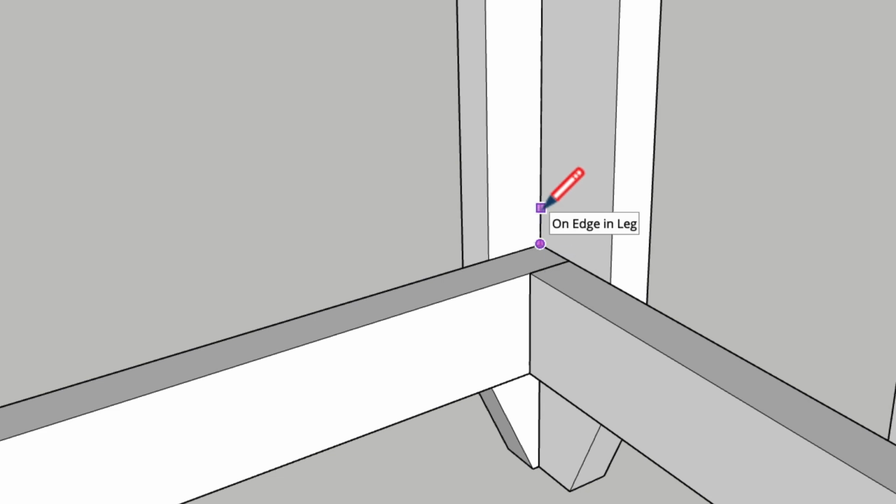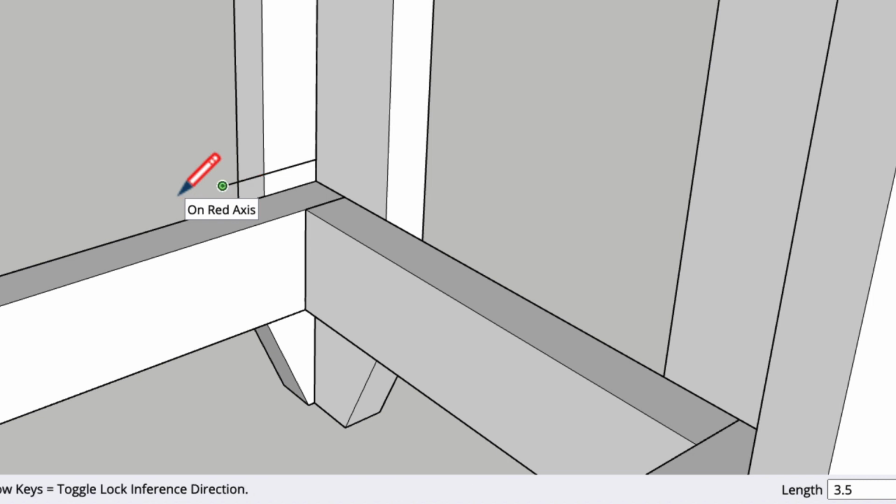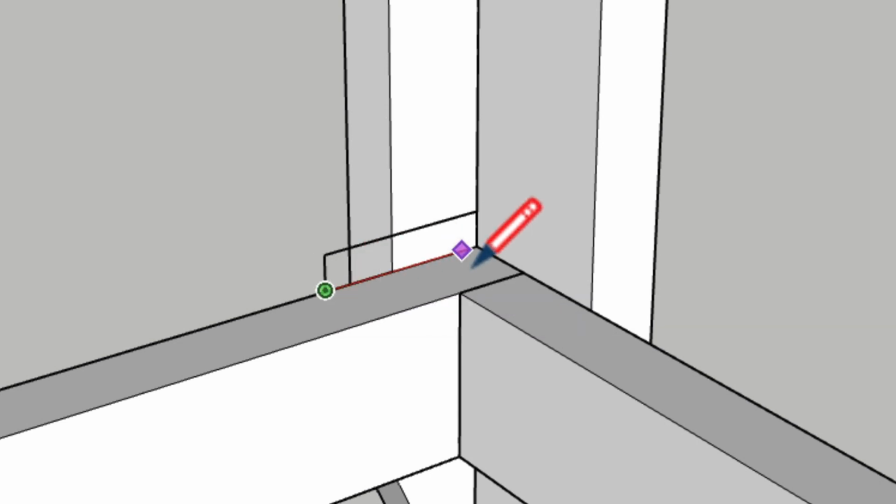This time it's going to be 0.75 of an inch, so 0.75, and press return. Move your cursor over to the left on the red axis and type 3.5 and hit return. Come down on the blue axis until it meets the edge and click, and then go back and click again.